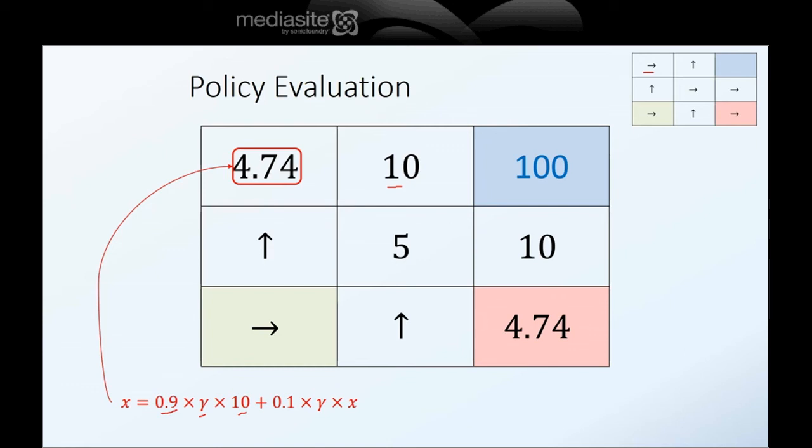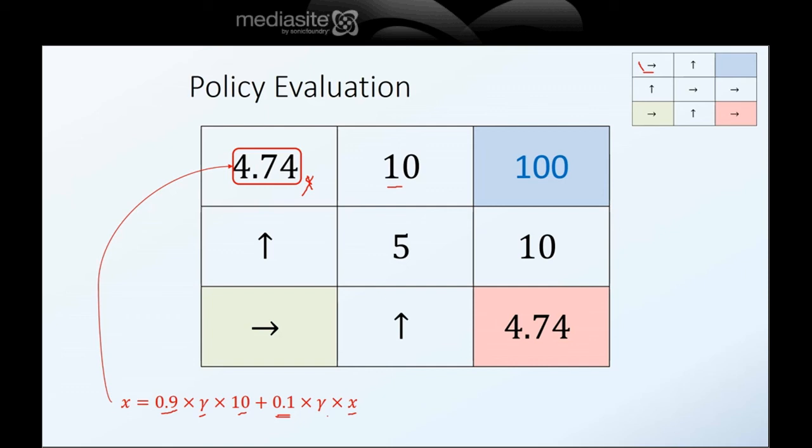And with a probability of 0.1, we go upwards. Now, since this is one of the uppermost cells, going upwards will land up in exactly the same state. So if this value were equal to x, then with a probability of 0.1, we land up in the same state which has the value x.